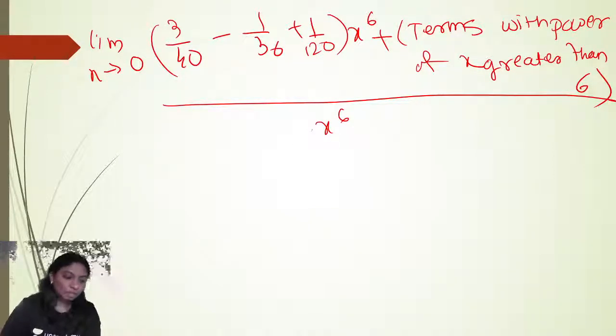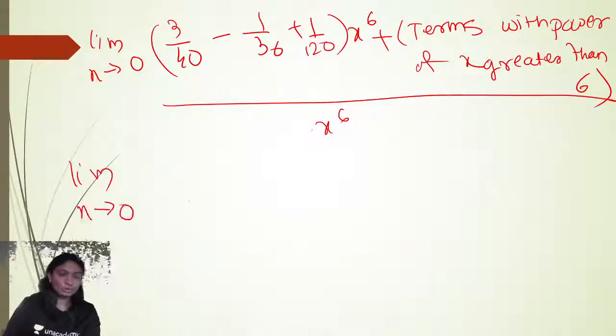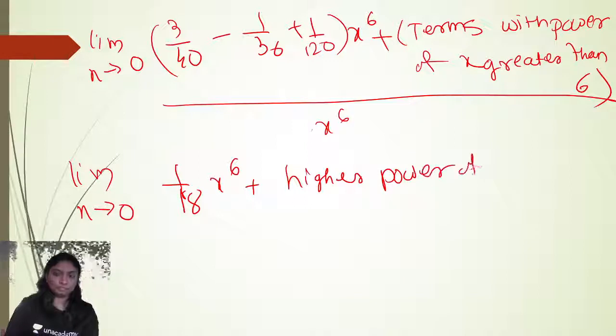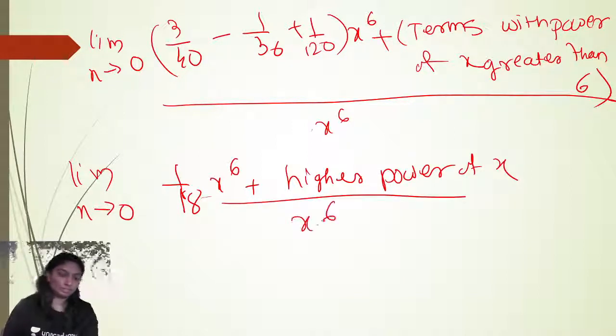Okay. Now, so limit as x tends to 0, 1 by 18 x raised to 6 plus higher power of x upon x raised to 6.